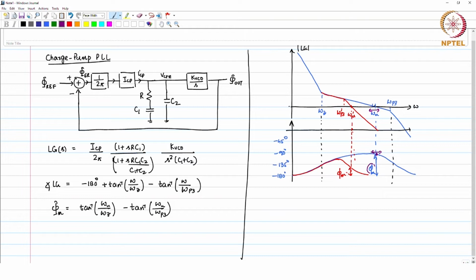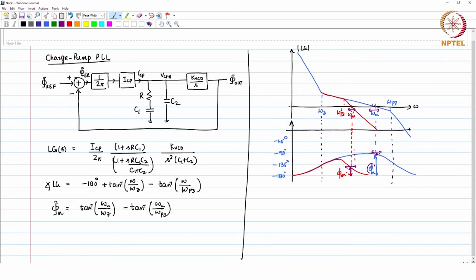Whereas, if this is the phase margin which you desire, whether it is low or high, that is another case, but if this is the phase margin which you desire, then a slight change in your unity gain frequency because of your change in a pole frequency and 0 frequency based on your R, C and other parameters, the variation in the phase margin will be a lot more.